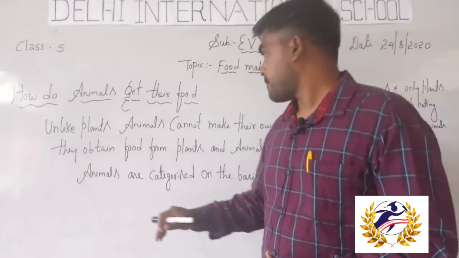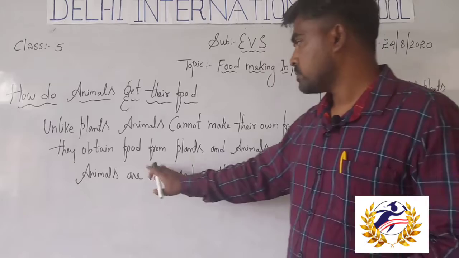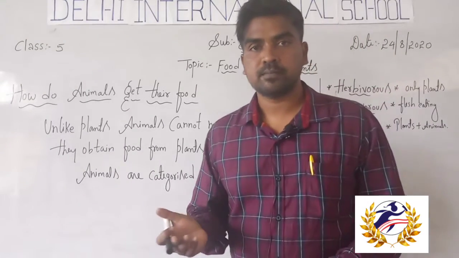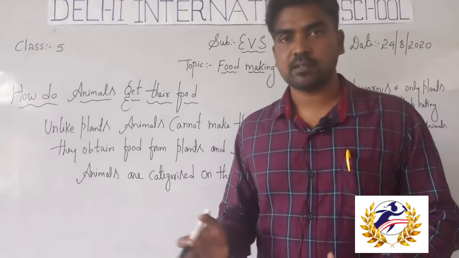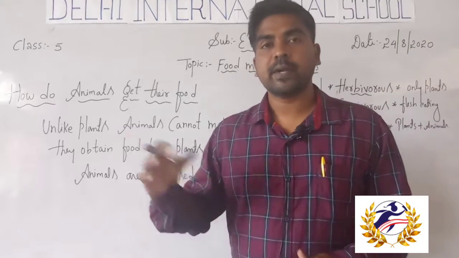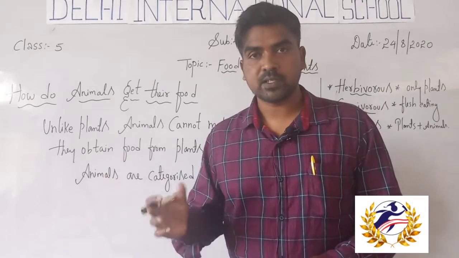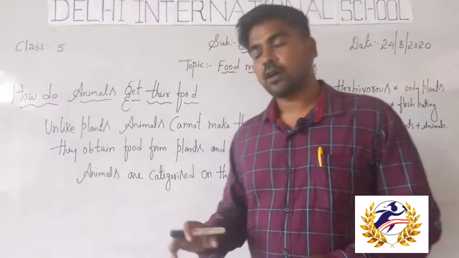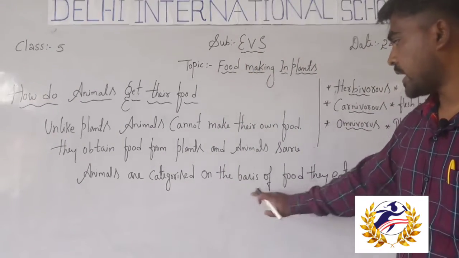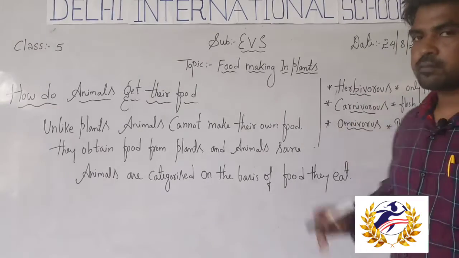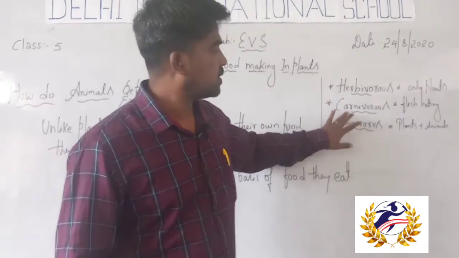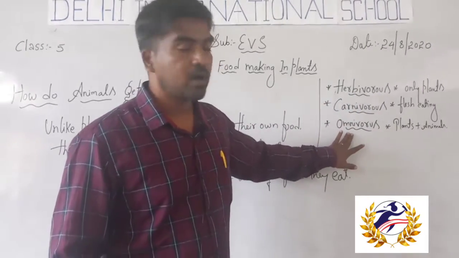So here, on the basis of food, the animals are categorized. How animals depend on other things to get energy or food. On the basis of this, animals are categorized as herbivorous, carnivorous and omnivorous.